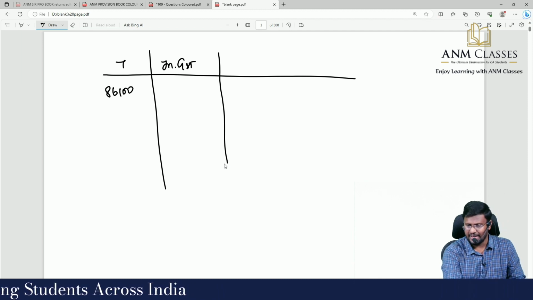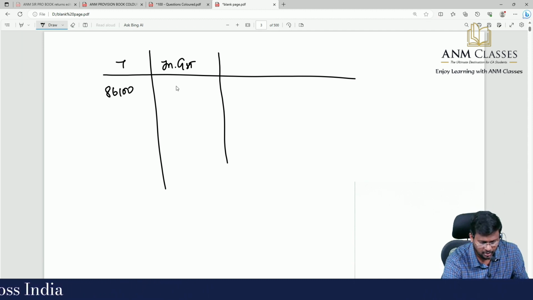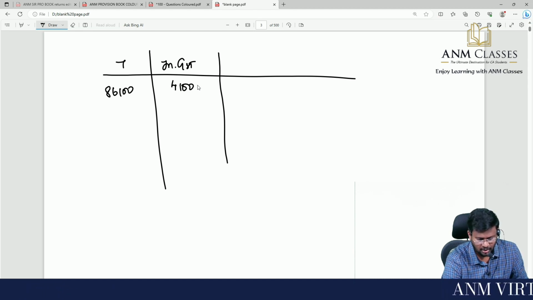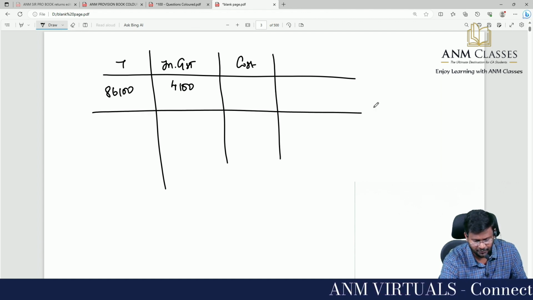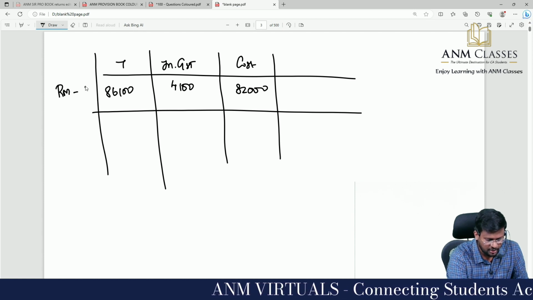Use the calculator: 86,100 divided by 105 into 5. GST is 4,100. What is the cost? 86,100 minus 4,100 is 82,000. This is for raw material A.